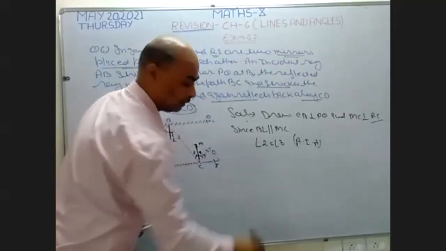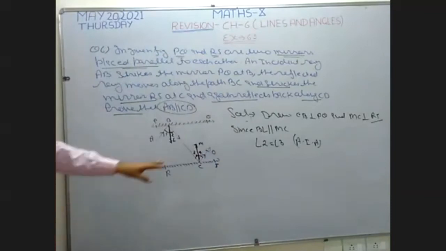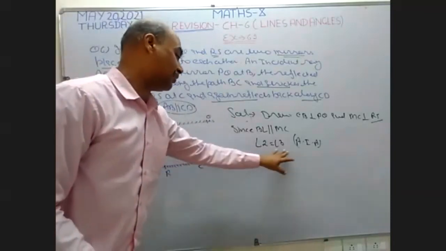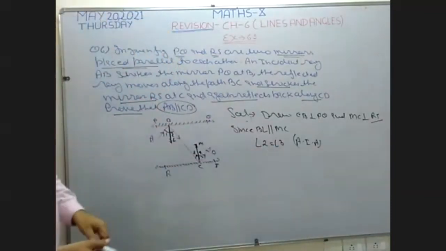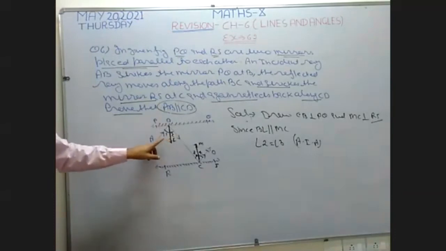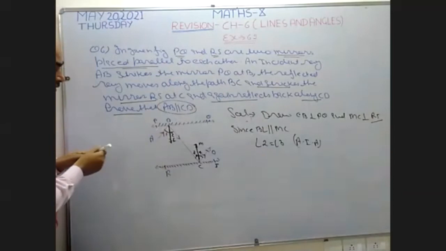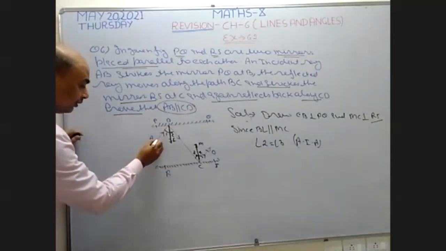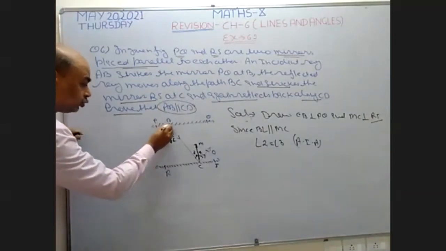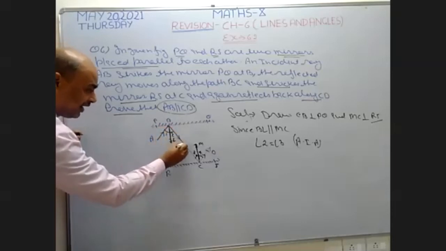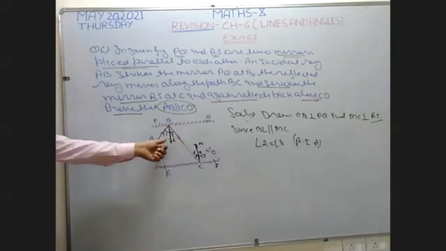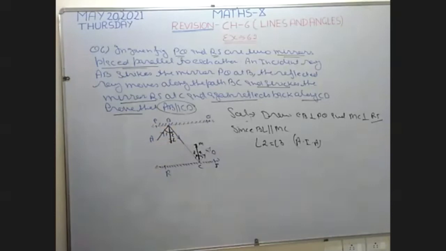Now see what is given. These two angles become equal, and it is given that this is the incident ray. I want to explain these two angles first, angle 1 and angle 2, and the relation between them.